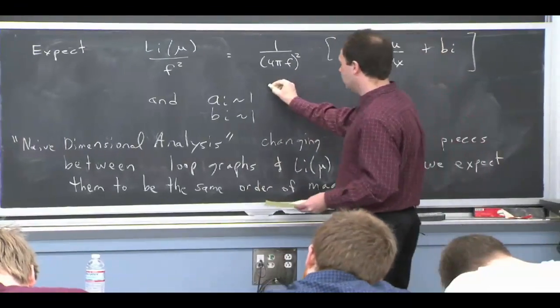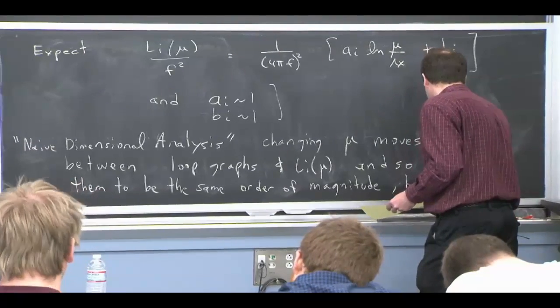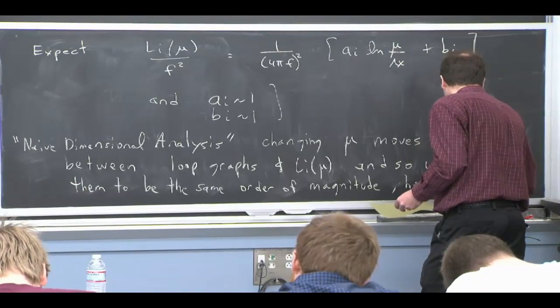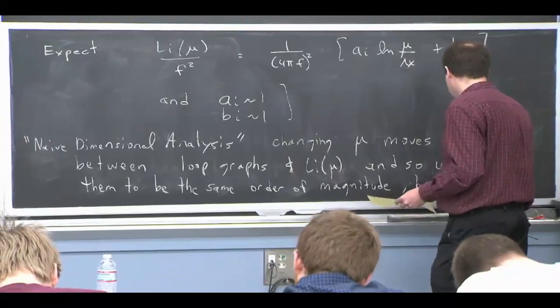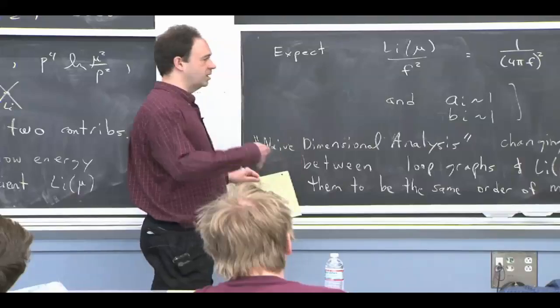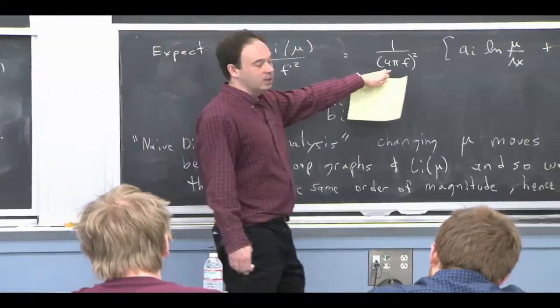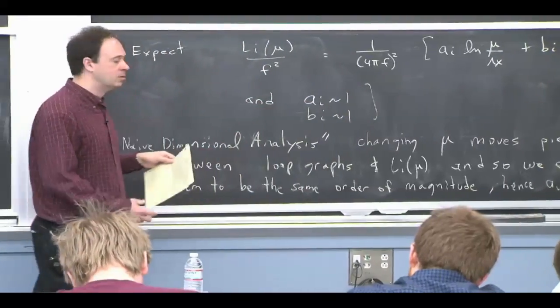That is this statement here, that the AIs and BIs, once I account for the 4 pi's, I can actually, with this argument, figure out where there's 4 pi's hiding in the coefficients, because I can identify 4 pi's in loops. And if they're supposed to be the same size, I can also identify 4 pi's in coefficients.